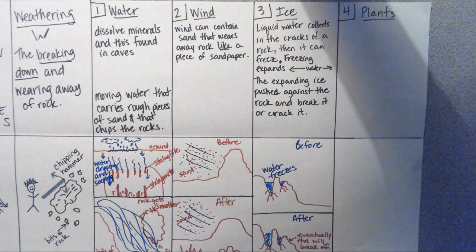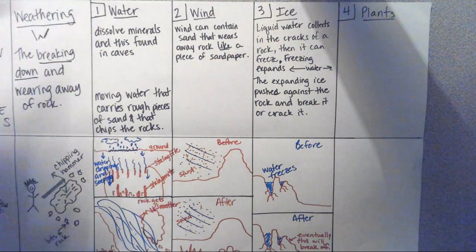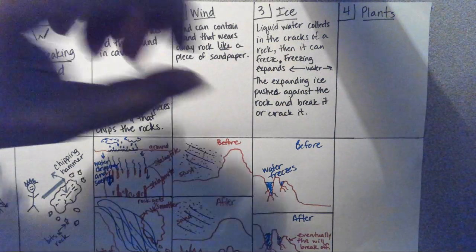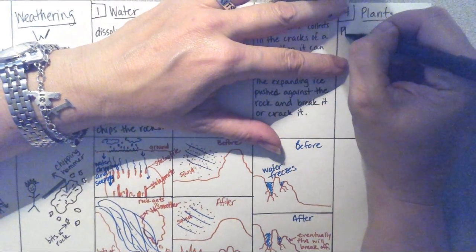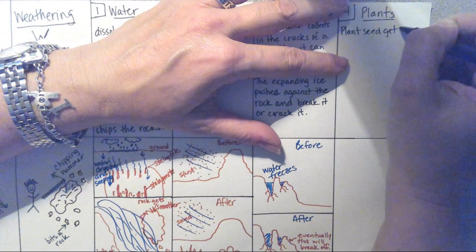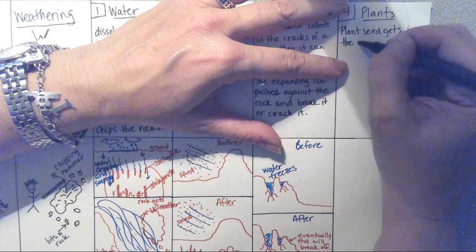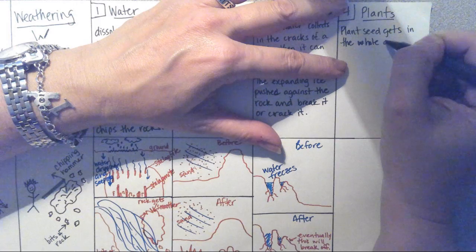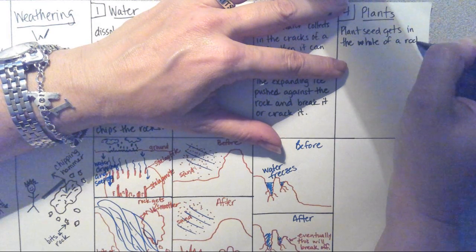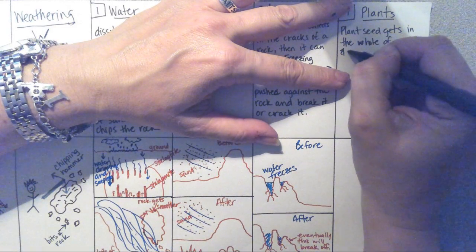Okay. So then plants. What do plants do? Plants play a role in this too, right? So what happens? A plant seed gets in a hole of a rock and sprouts.